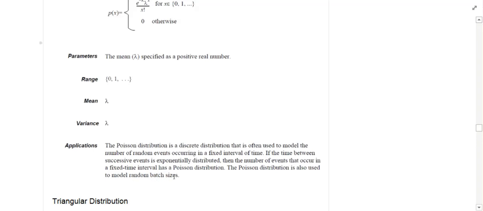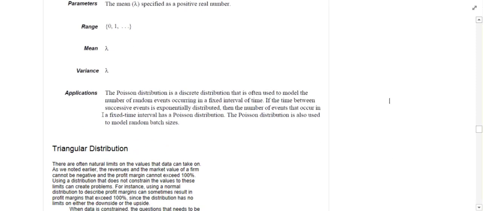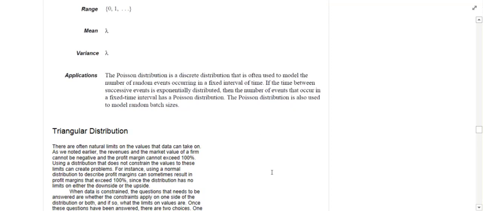Typically that's not a manufacturing situation where you've got random batch sizes. So again, it's useful for arrival type things, where you've got random events. You really don't know the quantities, but they're in a fixed time interval you have set in your simulation.